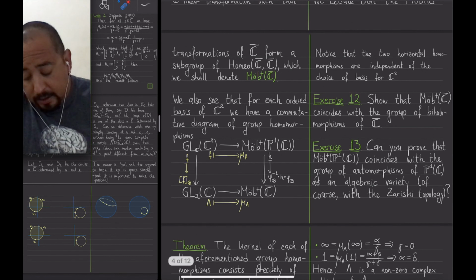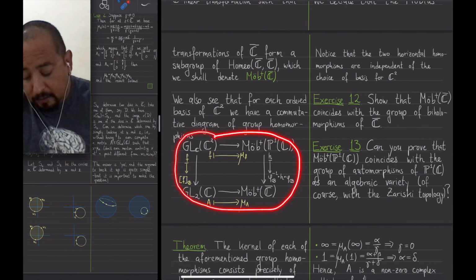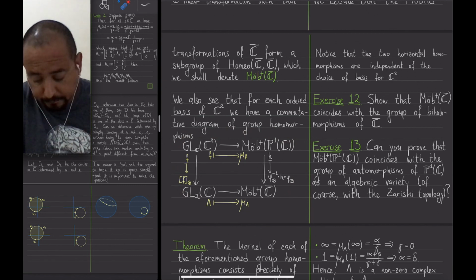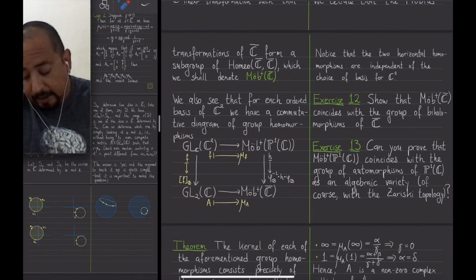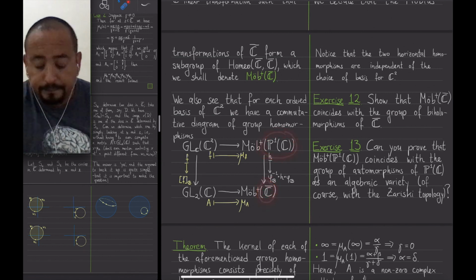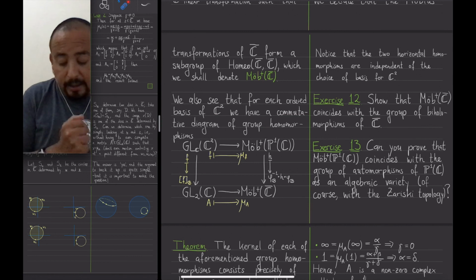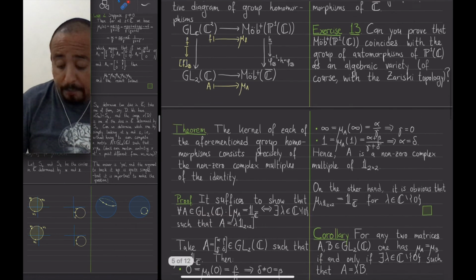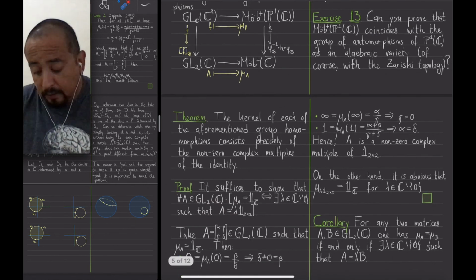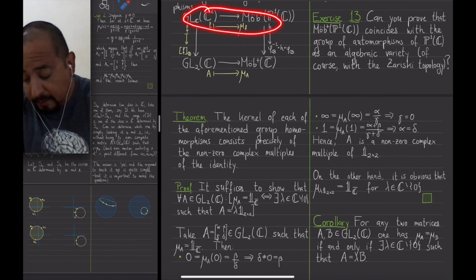Then we saw that for each ordered basis we have a commutative diagram that relates the Möbius transformations of P1C with the Möbius transformations of C bar. We computed the kernel of the two homomorphisms that associate the Möbius transformation to each linear map and to each matrix.